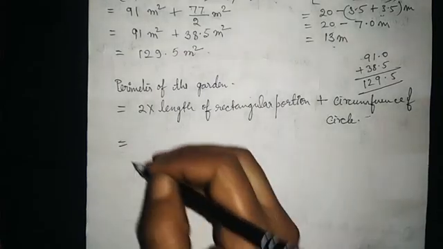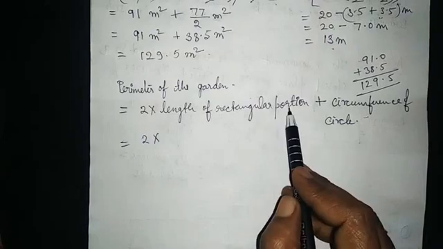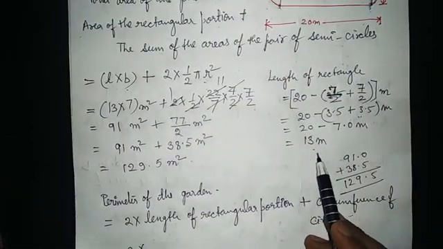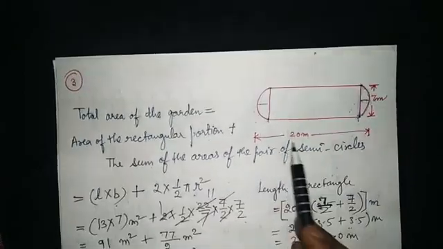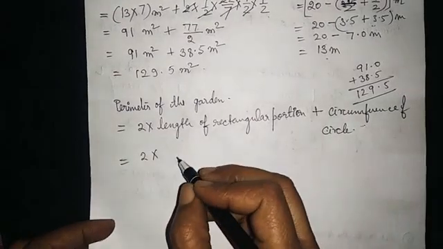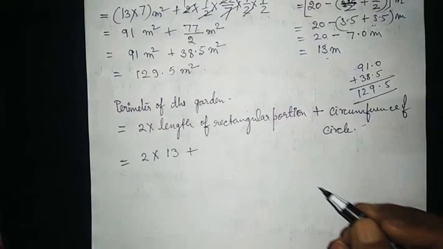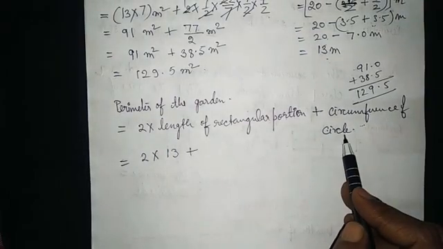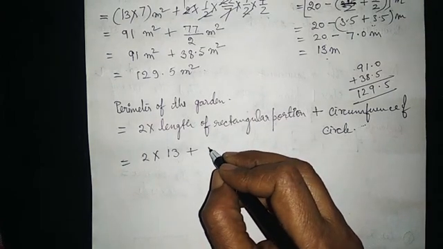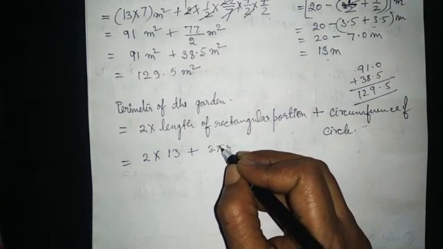Now we put the value 2 into the length of the rectangular portion. How much is coming? This length you have calculated, 13 meter. Clear? So here we will write 13 and plus. Now circumference of circle is 2 pi r.